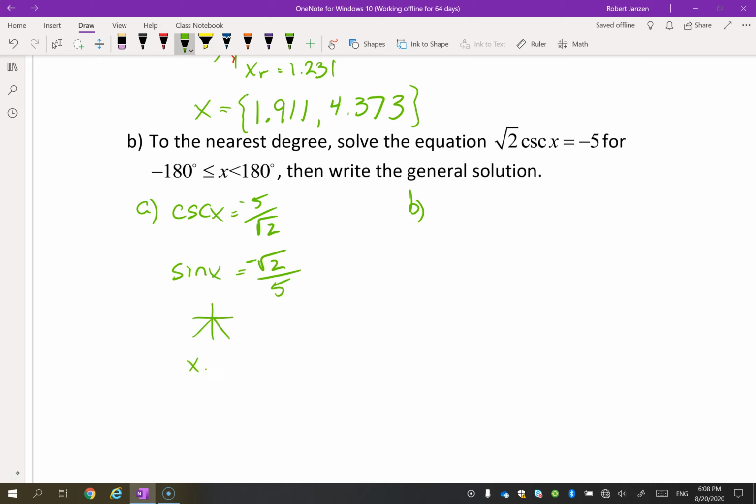So it's going to be the reference angle if I go root 2 divided by 5, so the reference angle is 0.0, oh, it's in degrees.